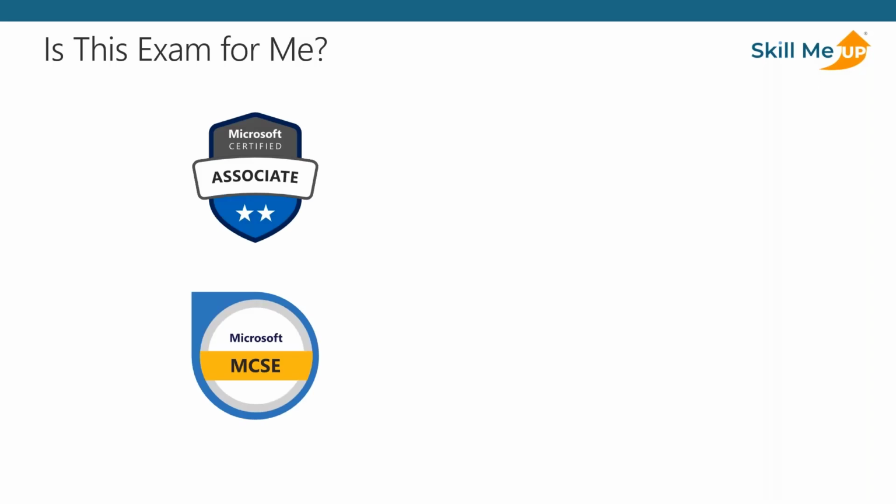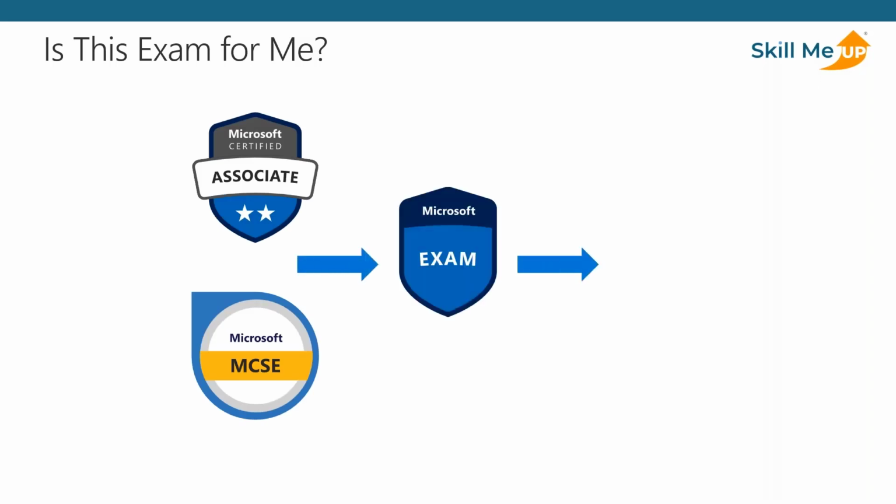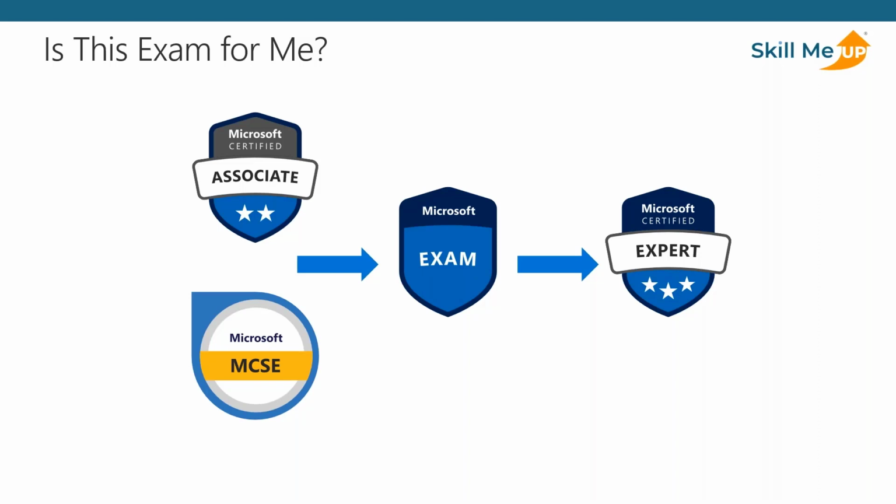To take the exam, you need to have taken one of the prerequisite exams if you want to flow all the way through to becoming the expert on the right hand side, which is the Microsoft 365 Certified Enterprise Administrator Expert. That was a mouthful. You need to have taken one of the prerequisite ones, which is one of the associate exams, which is either Modern Desktop Administrator Associate, Teamwork Administrator Associate, Security Administrator Associate, Messaging Administrator Associate, or Teams Administrator Associate, or have the MCSE Productivity Solutions Expert exam.